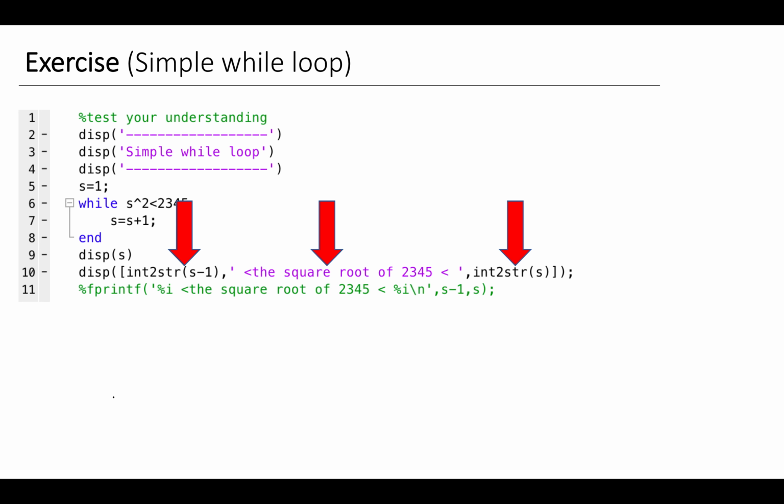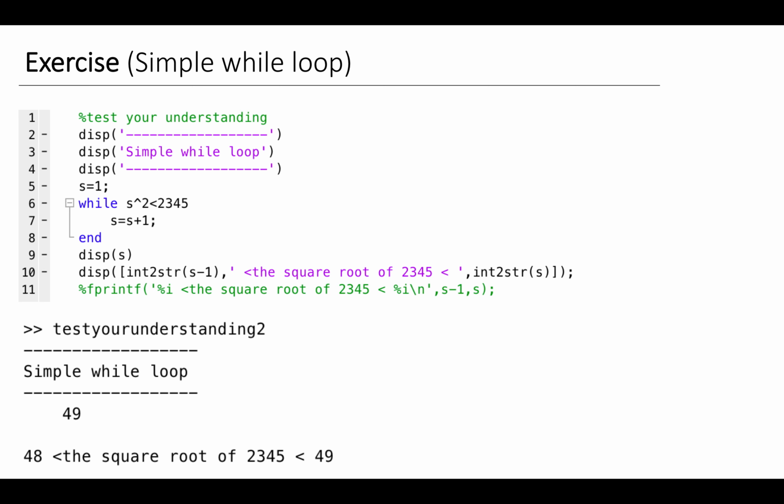So I've had to use some extra commands. This is the int2str. What this does speaks for itself, right? It takes an integer and converts it to a string. So you don't have to use those quotations. So S is 49, so 48 and 49 will appear either side. Okay, so that's my code.